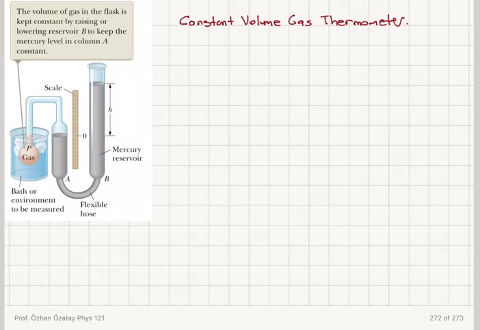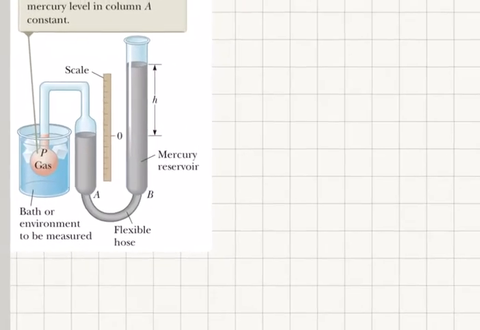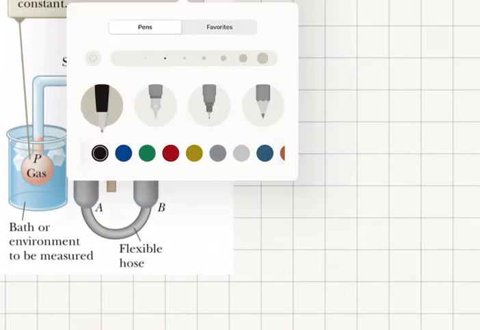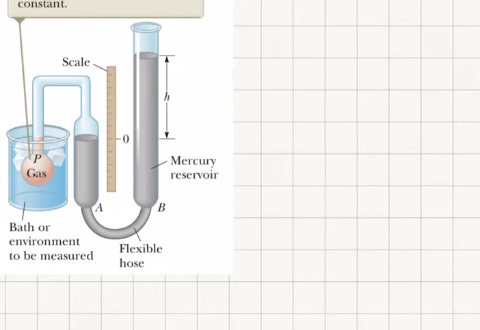You have a gas inside the flask and the volume is kept constant by lowering reservoir B to keep the mercury level in column A constant. So this level we have on side A is kept constant, so that is not changing.